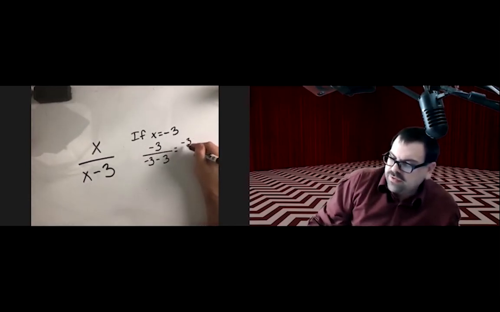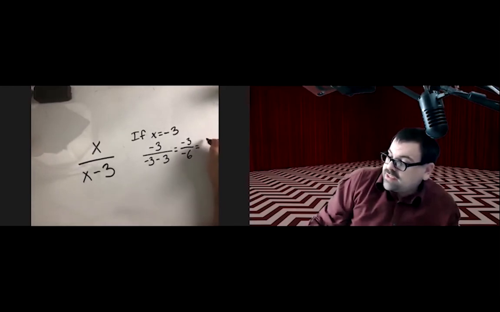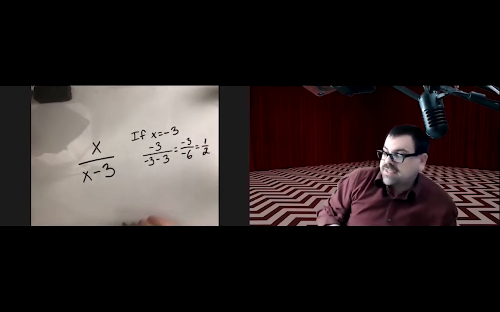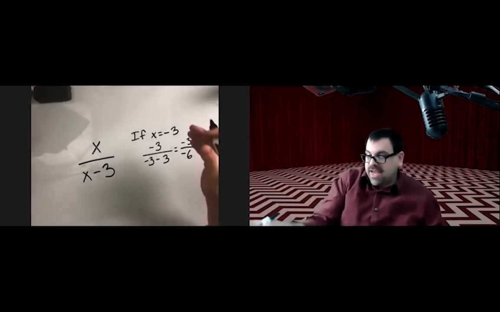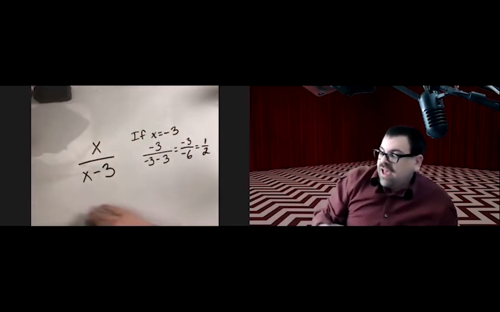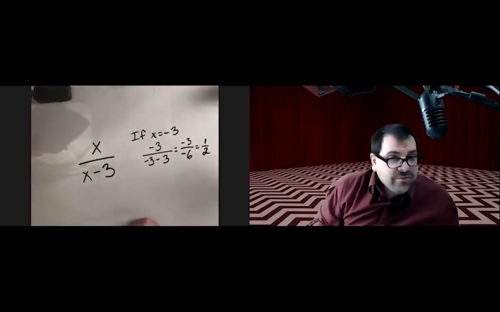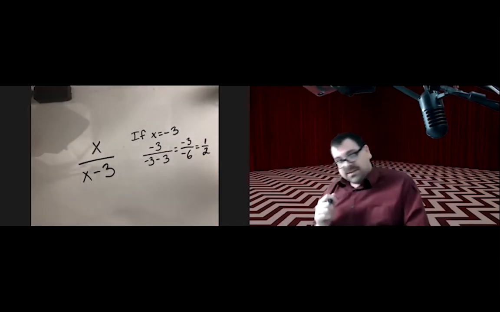This would be negative 3 over negative 6. Negative divided by negative is positive. This is positive 1/2. So if x is negative 3, this expression would have a value of positive 1/2. We found that by plugging negative 3 in for x.